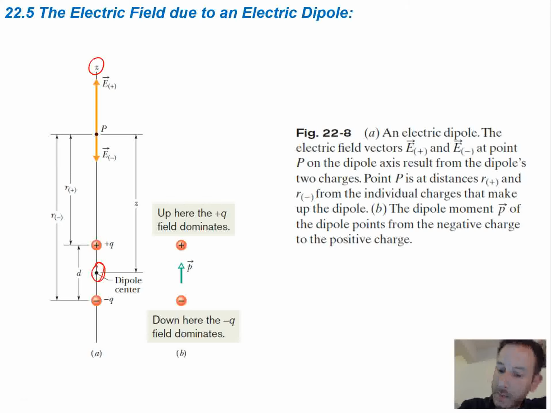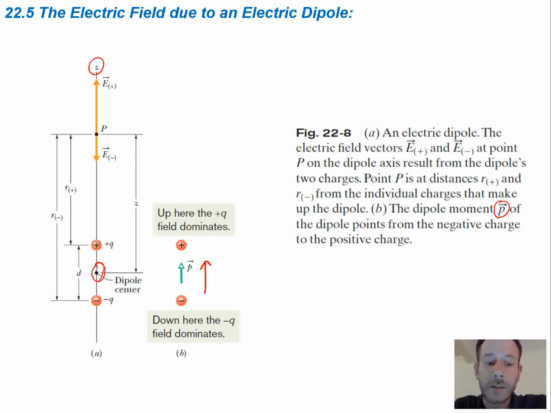The dipole moment, which is denoted by a lowercase p of the dipole, points from the negative to the positive charge. So the direction of the dipole moment is going to go from our negative to our positive charge. So the dipole moment is going to be the measure of the separation of positive and negative charge.